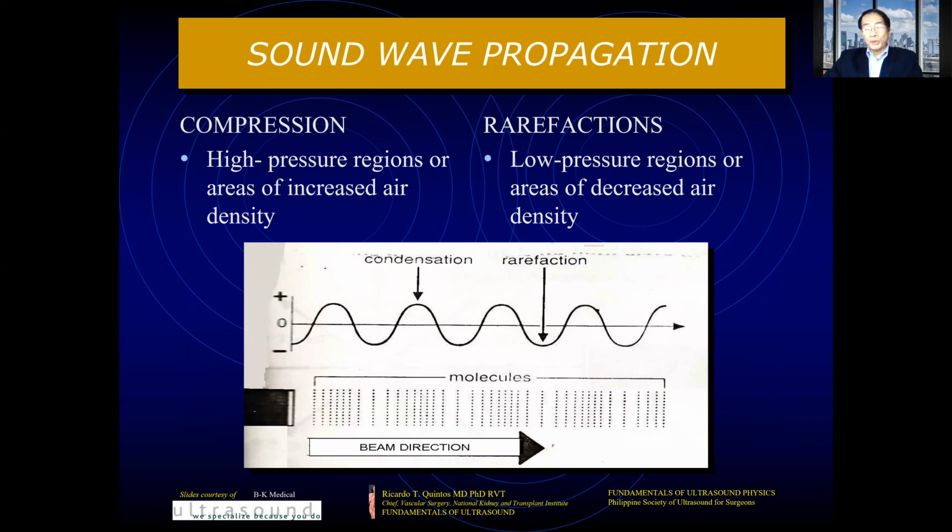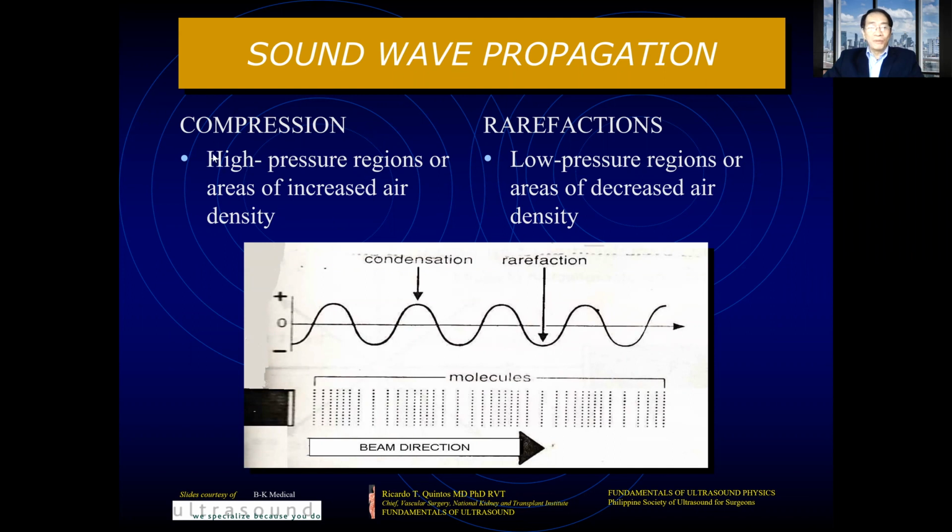Now, sound, when it is produced by the vibration of objects, will be propagated. How will it be propagated through a medium? Sound is propagated when the vibration of the source causes a compression and rarefaction of the molecules of the medium. The compression regions are the high pressure regions or areas of increased air density, if air is the medium, or increased density of the medium molecules.